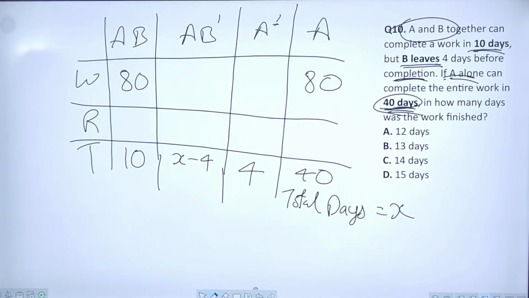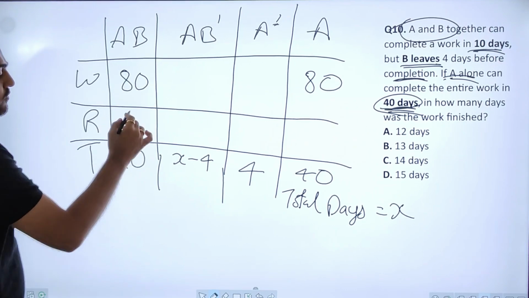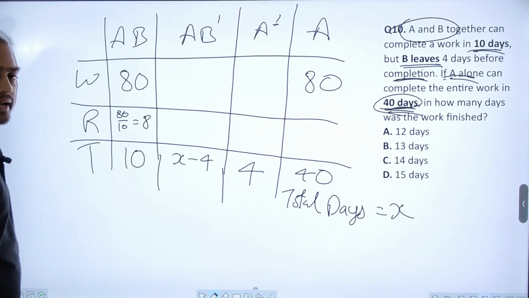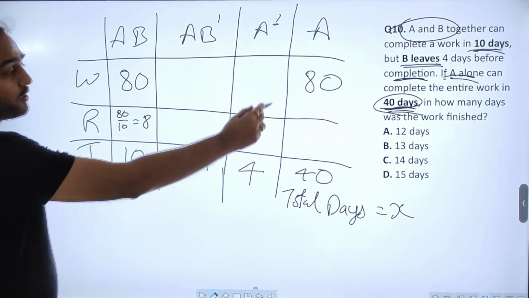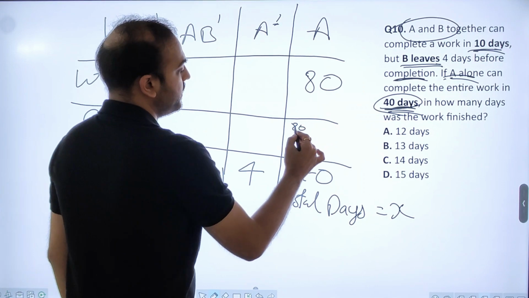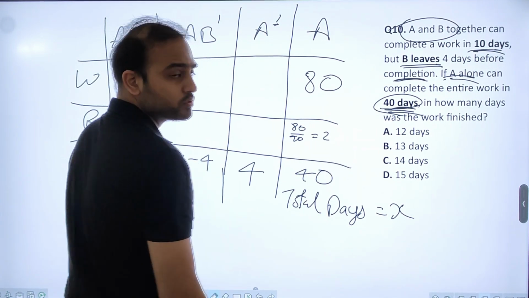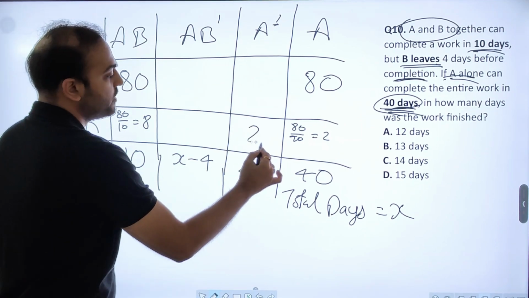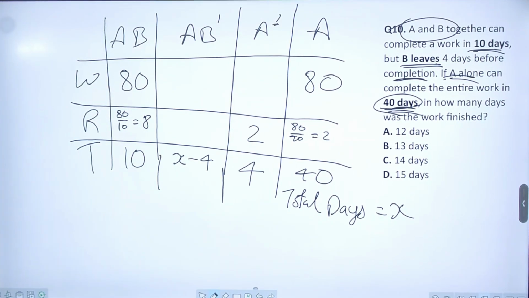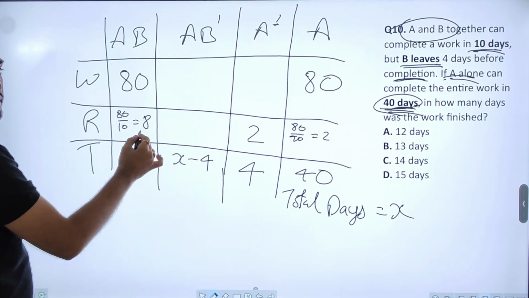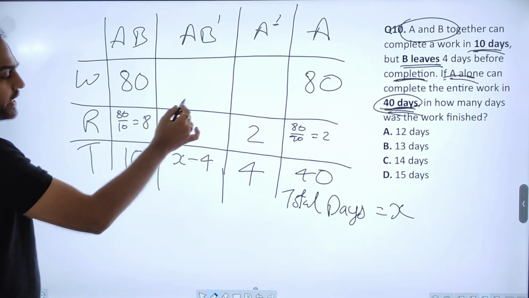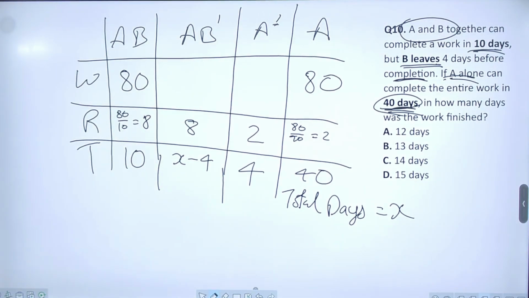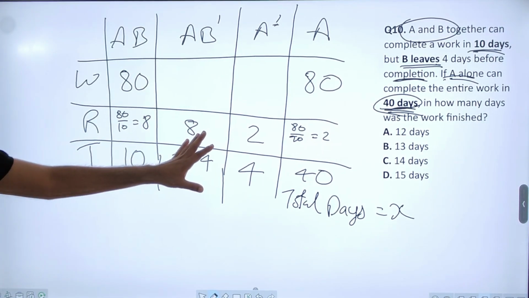Step 3, find rate in each case. Rate of A and B together, 80 by 10, that's 8. Rate of A alone, 80 by 40, that is 2. If A does the remaining work alone, his rate will remain the same, that is 2. And if A and B work together for a portion of the time, their rate will remain the same, that is 8. I hope that makes sense.